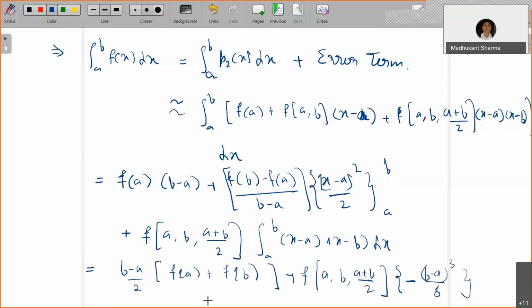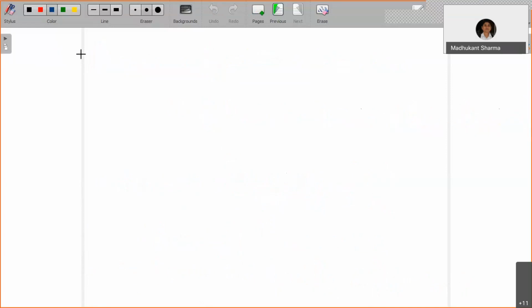Now you use the recurrence relation for the higher order divided differences, simplify this, and verify that this is going to be equal to (b minus a) by 6 times f of a plus 4 times f of (a plus b) by 2 plus f of b.